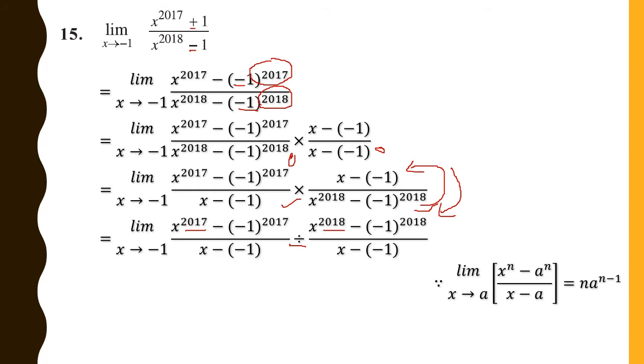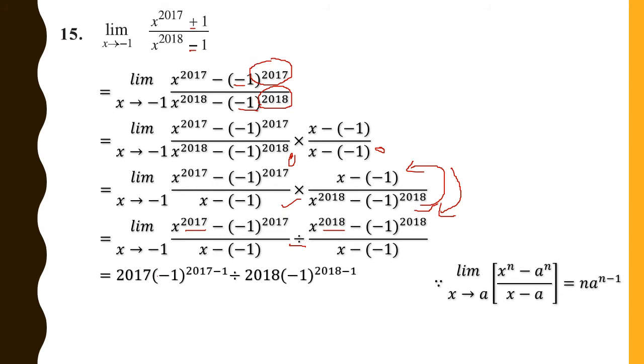2017 will be put in the equation here, like this. 2017 into negative 1 raised to 2017 minus 1 divided by 2018 into negative 1 raised to 2018 minus 1.